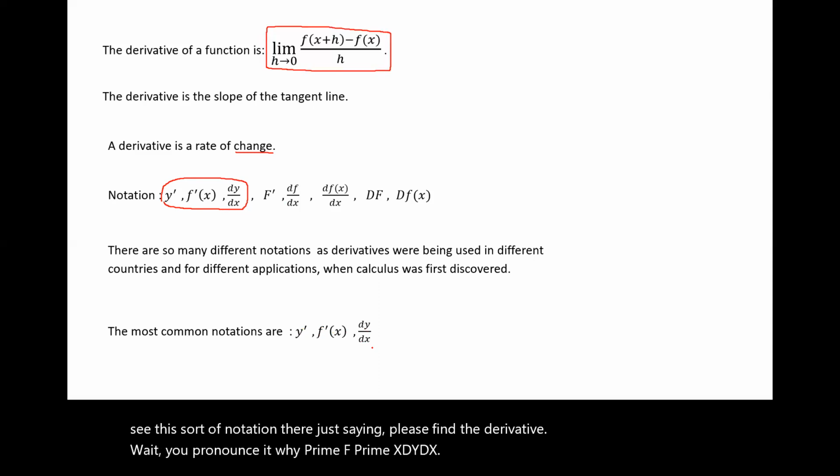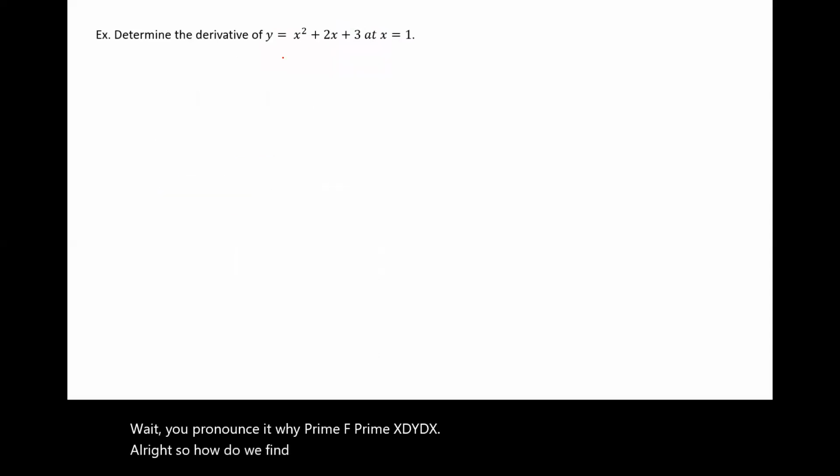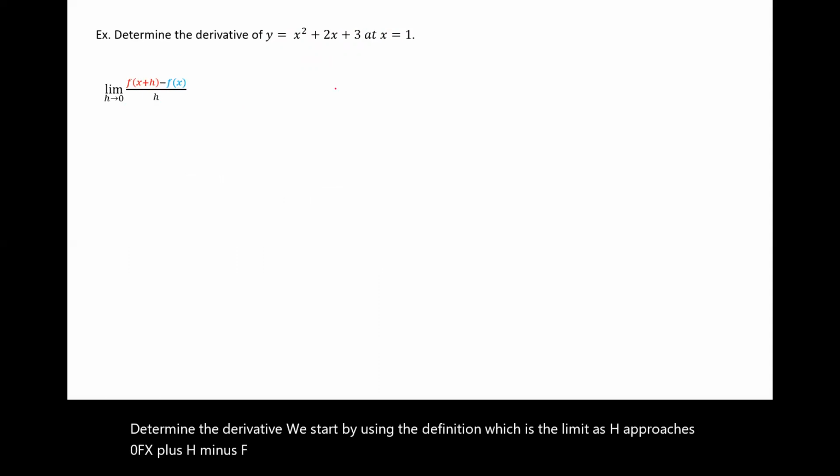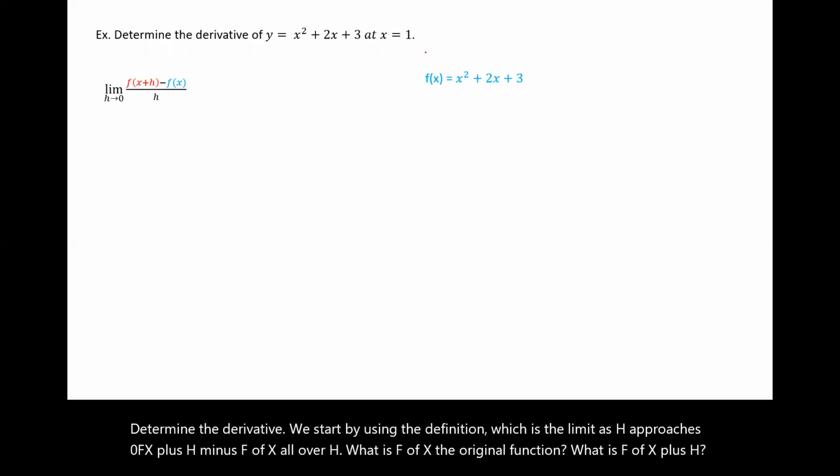All right, so how do we find a derivative? Determine the derivative. We start by using the definition, which is the limit as h approaches 0, f of x plus h minus f of x all over h. What is f of x? The original function. What is f of x plus h? You remember what we said.